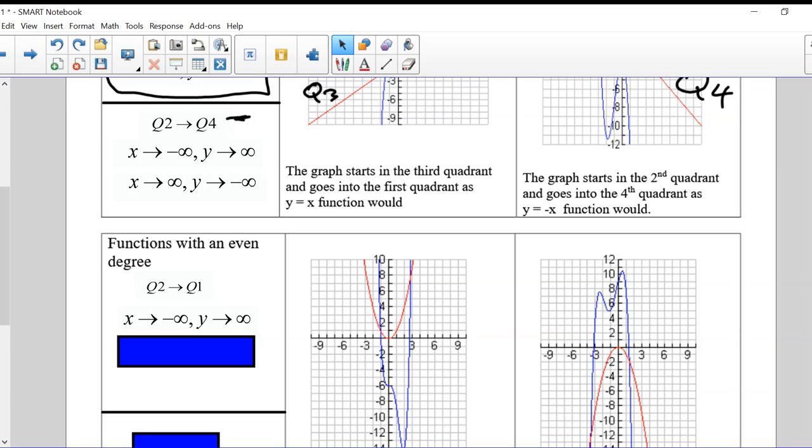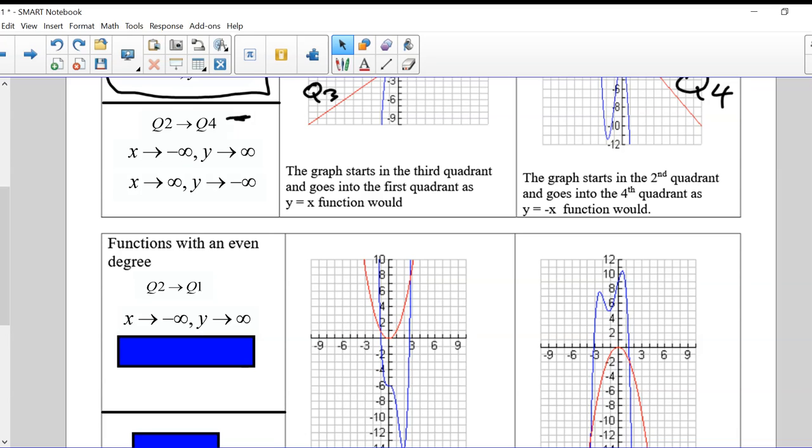Janaya, go ahead, please. Jeremiah, you say you're good now. Okay, Janaya. They have similar end behavior. That's what I'm saying. The end behavior is the same because they're both even and because their lead coefficient is positive.